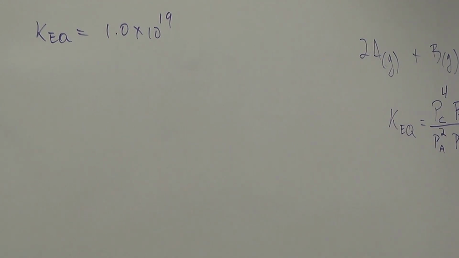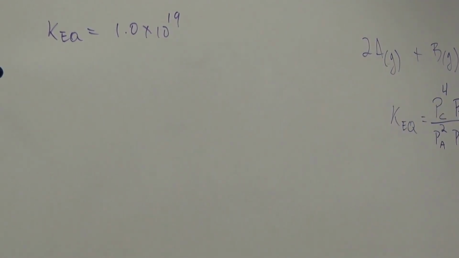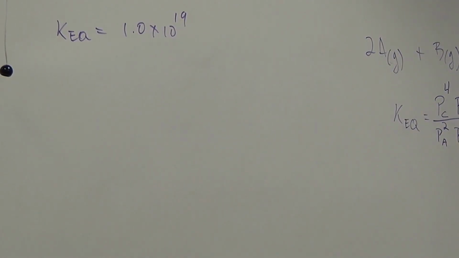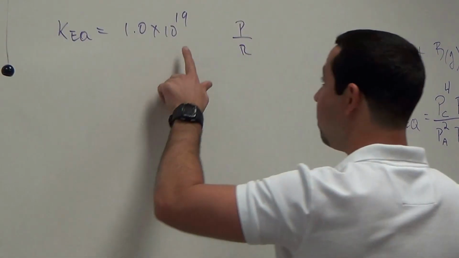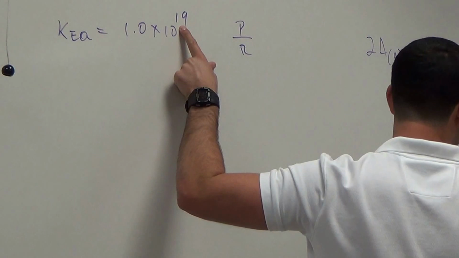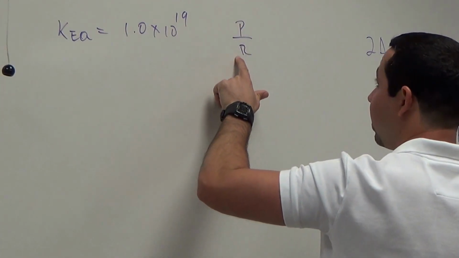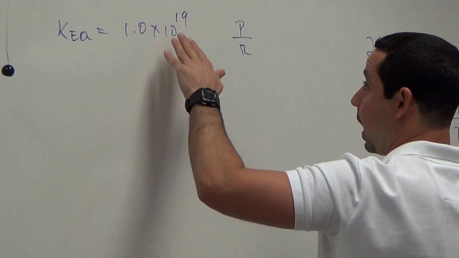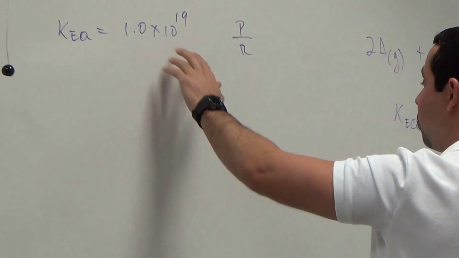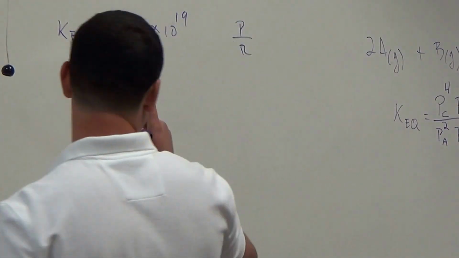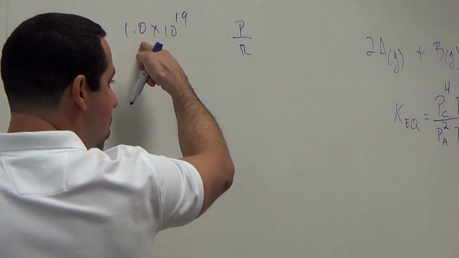So if that number is that large, what does it mean? There is a lot more product than reactant. It is products on the top, reactants on the bottom, yes? For this number to be so very big, there has to be more of the products than there are of the reactants. Is that a lot more? Yeah. Okay. So this is what we say when the equilibrium constant is very large like this.